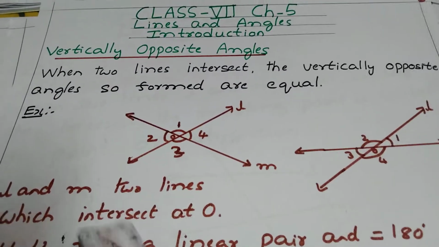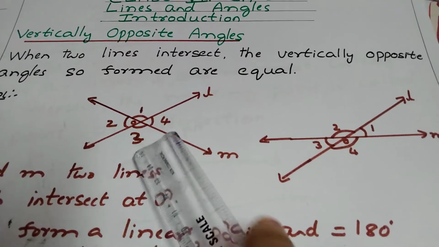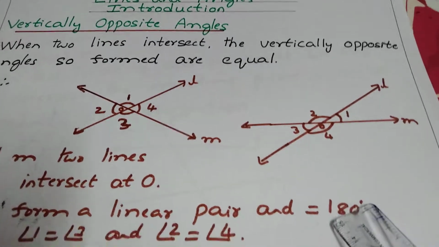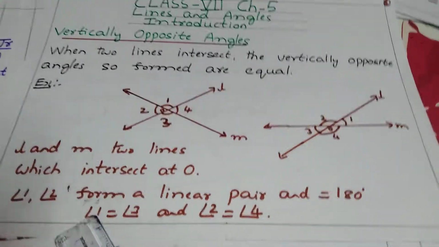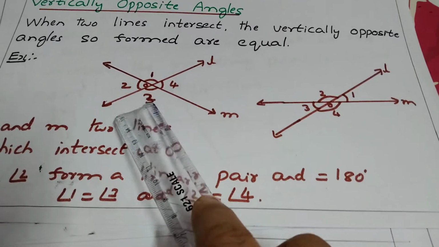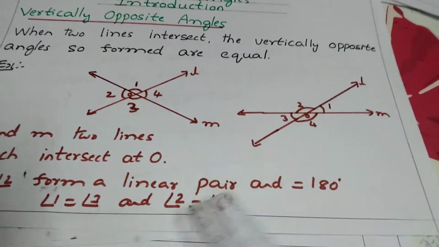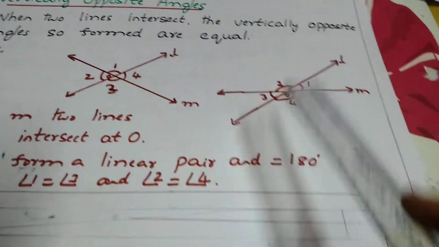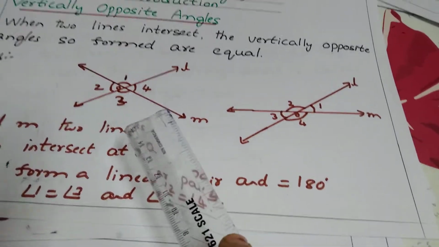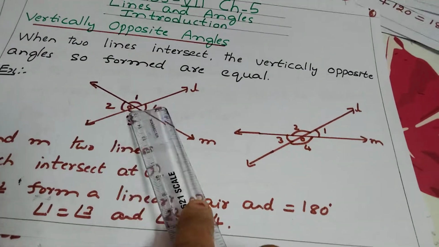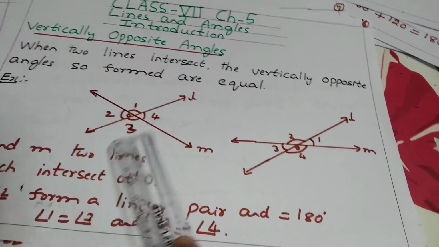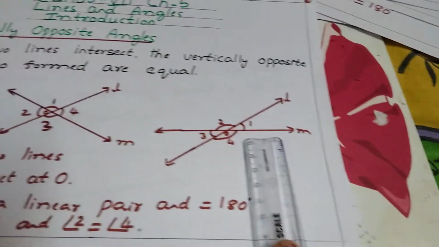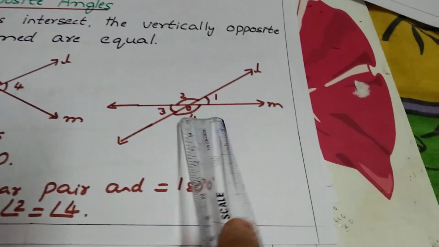So 1 and 2 form a linear pair, which means they are supplementary and equal to 180 degrees. So 1 is equal to 3, which means opposite angles are equal, and 2 equals 4. That is, opposite angles are equal. It is the same whether you draw it like this or like this.